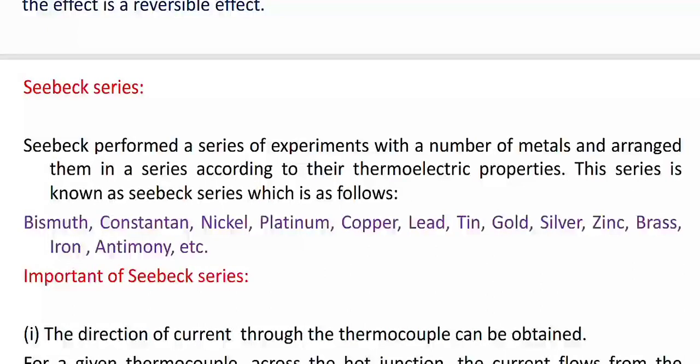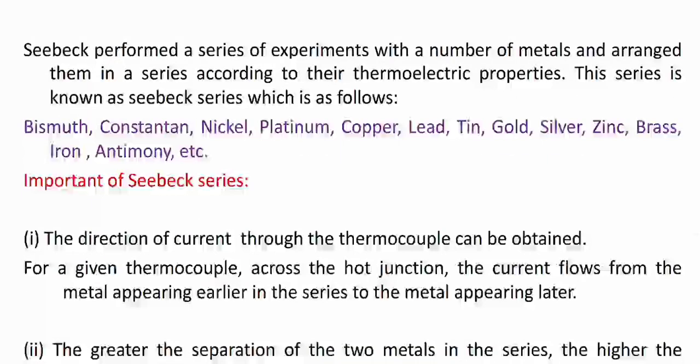He arranged them in order, number one is bismuth, number two is constantan, and so on. From this series we can identify the direction of the current through the thermocouple.